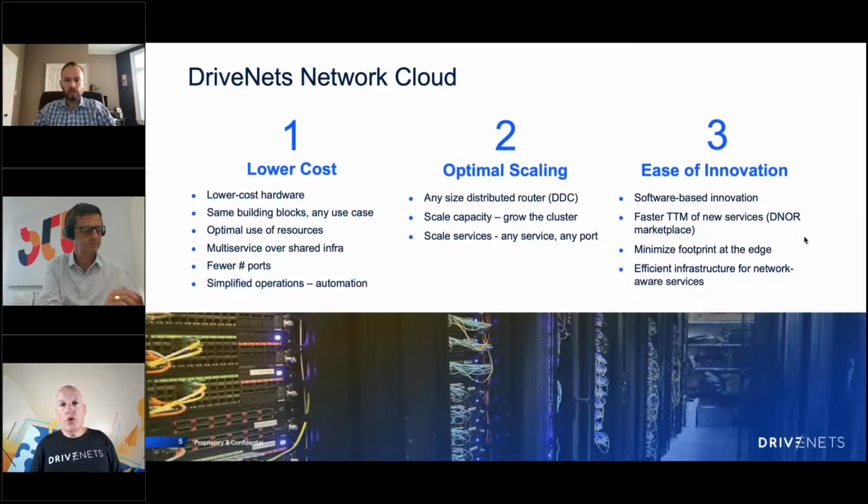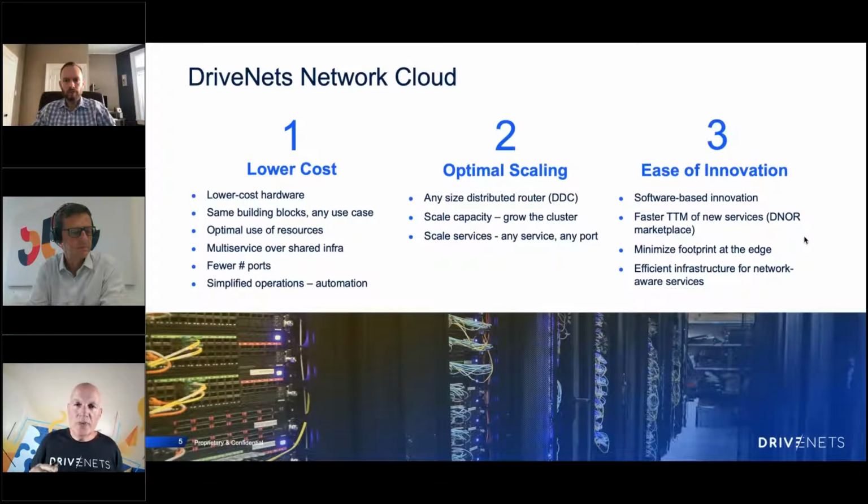We also allow you to have optimal scaling. We also allow you to mitigate the need for additional hardware, additional resources in your network in order to follow the growing demand for capacity, which is driven by new access technology and over-the-top services, etc. This is because we use very simple building blocks and very granular scalability.